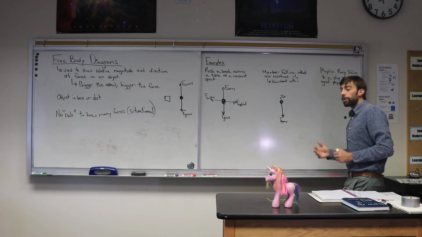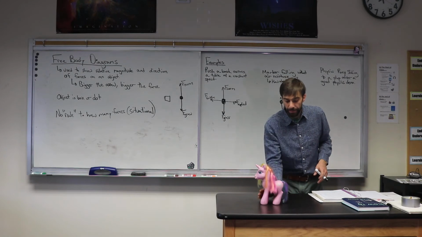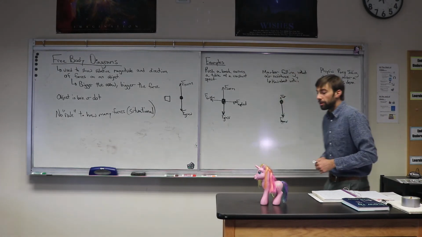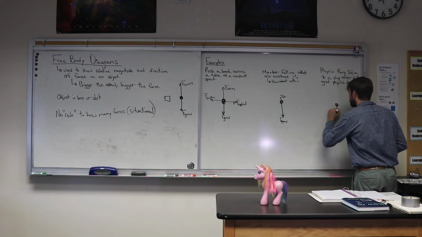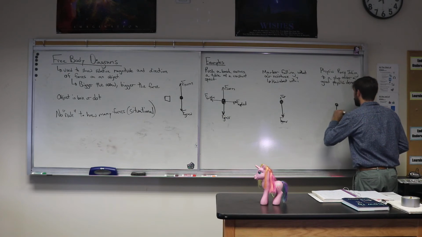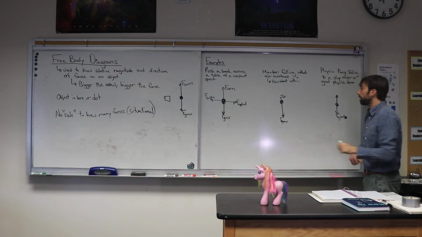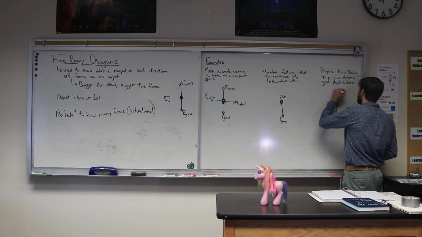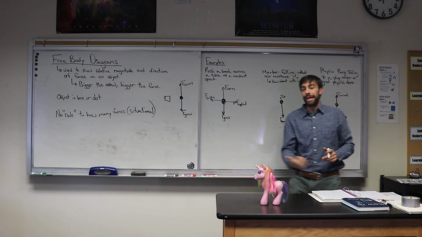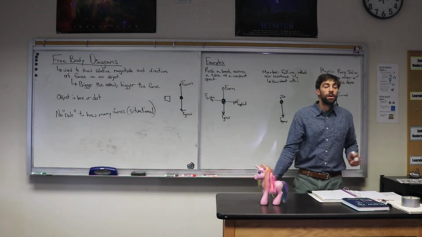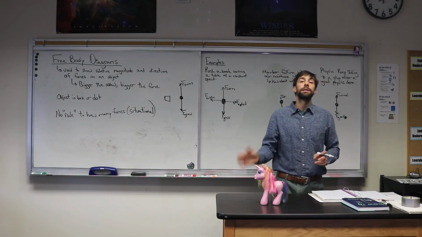So what forces are acting on Physics Pony once Physics Pony leaves my hand? Well, we know we have force of gravity. We know Physics Pony is sitting on the table, so we have a supportive force, which we call the normal force. Now, Physics Pony is going this way. There is an unbalanced force because Physics Pony is slowing down.